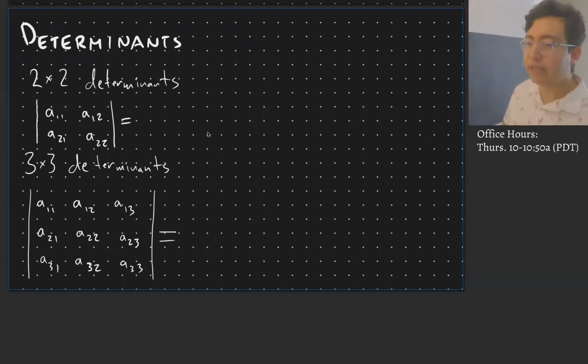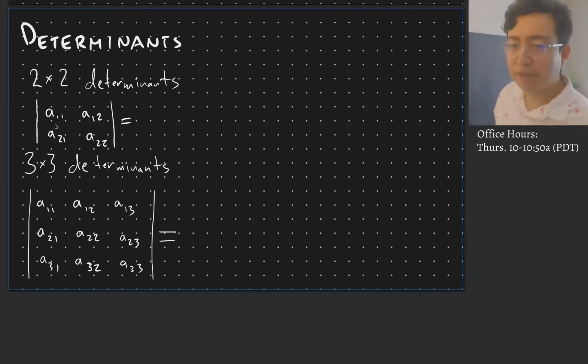So if we're taking the determinant of a 2 by 2 matrix, again, this might be a little bit of review for some of you, especially if you've taken a linear algebra class. Basically, for a 2 by 2 matrix, you're going to do this main diagonal. We always call this diagonal going from top left to bottom right the main diagonal. And you're just going to multiply those together.